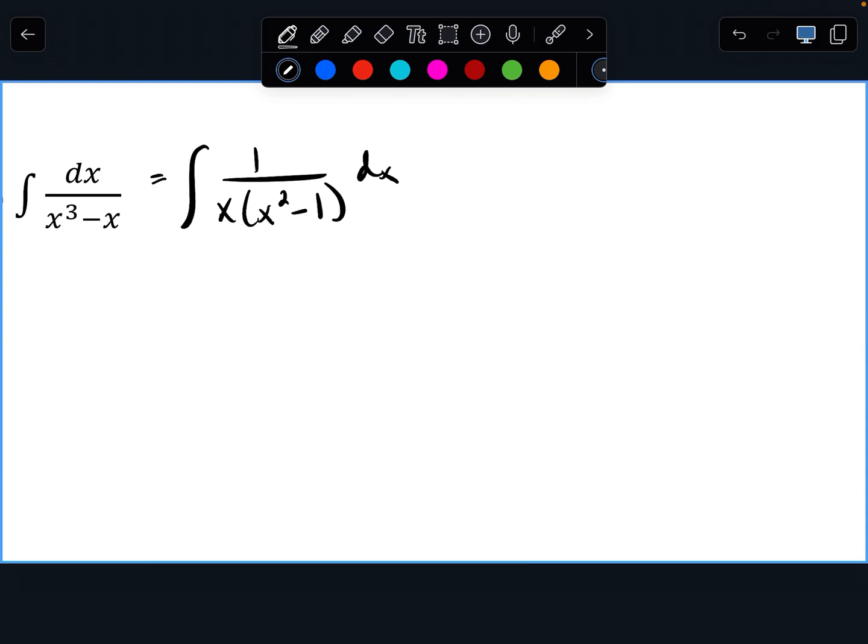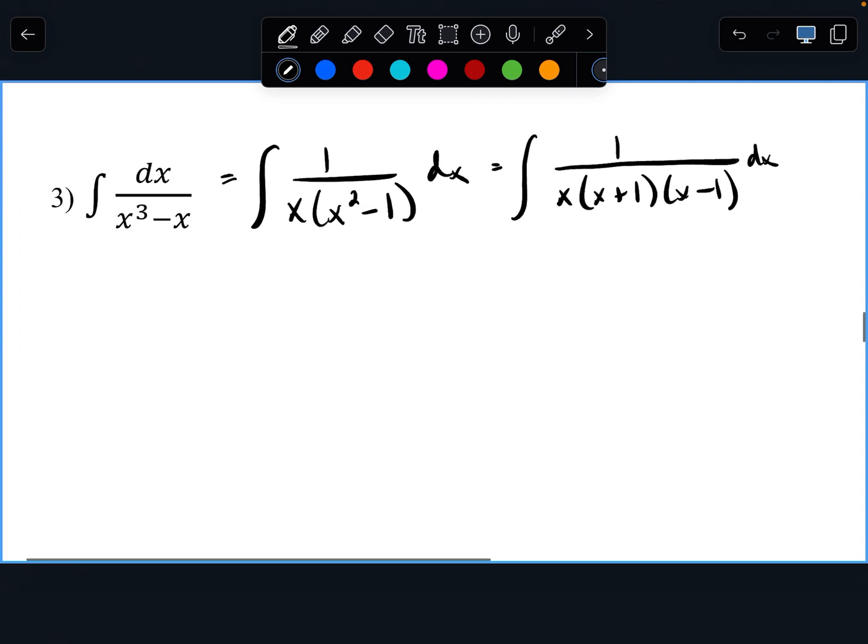Oh, what a nice little factorable little guy there. So I'm like, all right, let's keep her going. And now I've got 3 of them. So this is going to be great. We're going to get an A, a B, and a C.